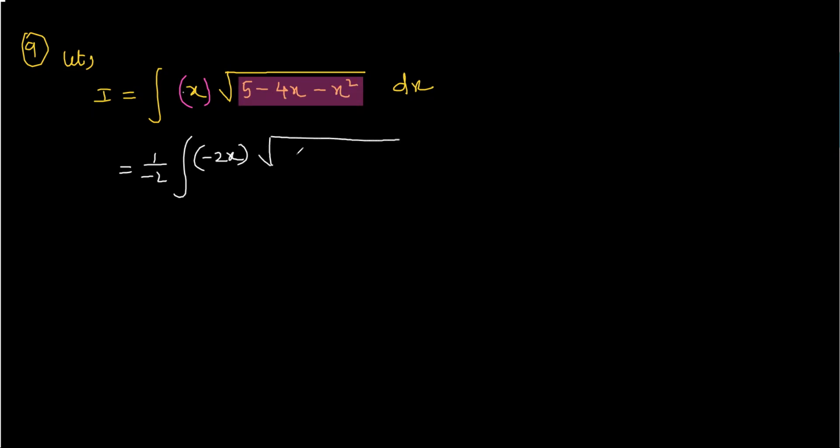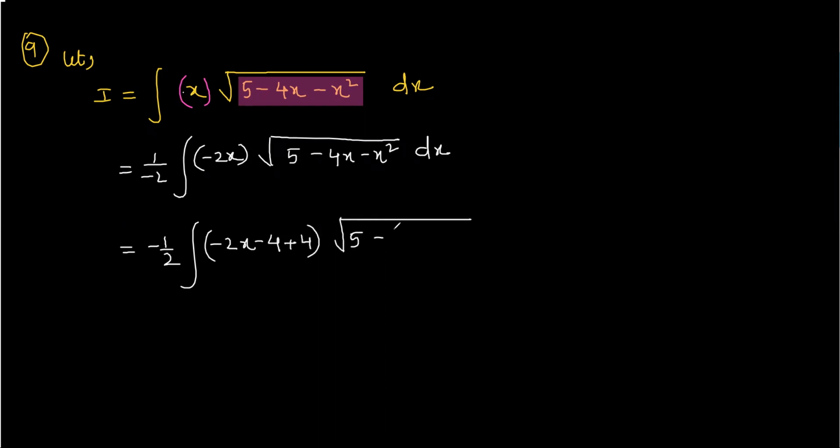Okay, so minus 2x, so 5 minus 4x minus x square dx. So I got minus 2x. I want minus 4. Now I want minus 4. So I will write minus 1 by 2 and minus 2x minus 4. See, I wrote minus 4. So I will write plus 4. I subtract 4, add 4. And then here I have 5 minus 4x minus x square dx.